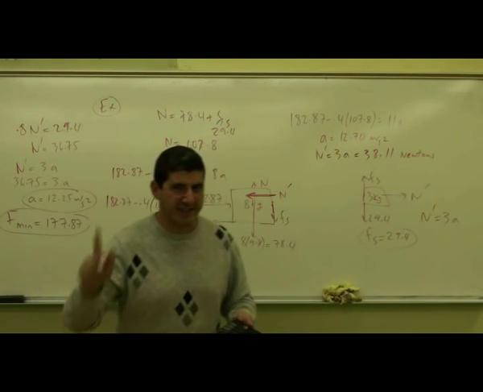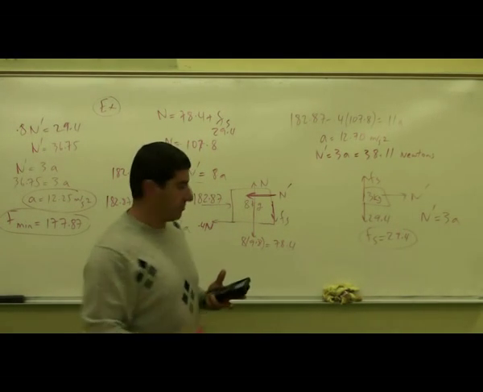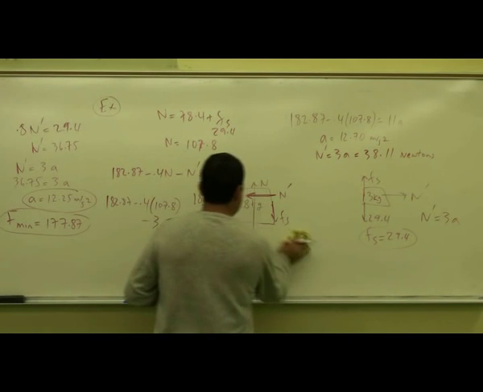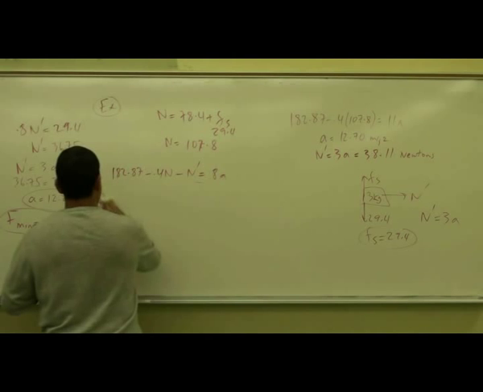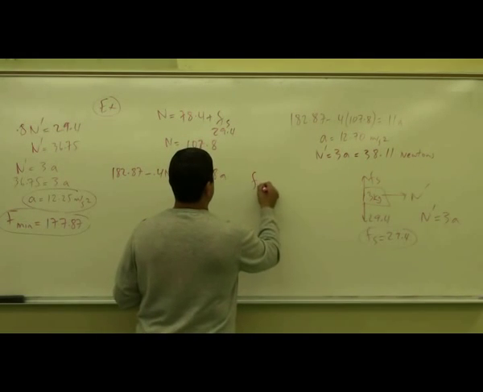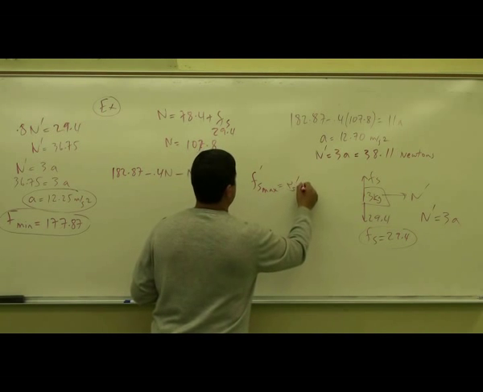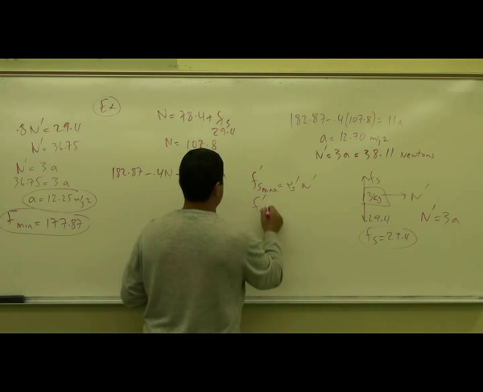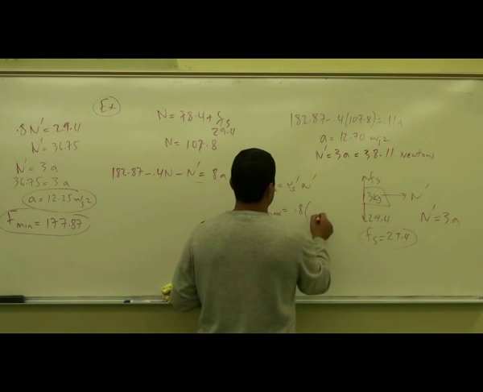Now let's check one quick thing. What's the maximum that friction can be? The maximum is mu s n. Fs prime maximum is mu s prime n prime. Mu s prime was 0.8, right?